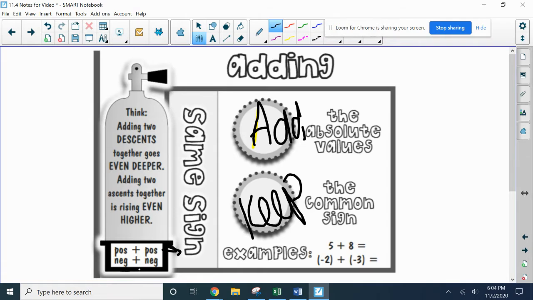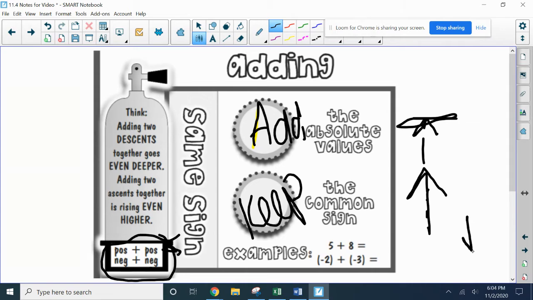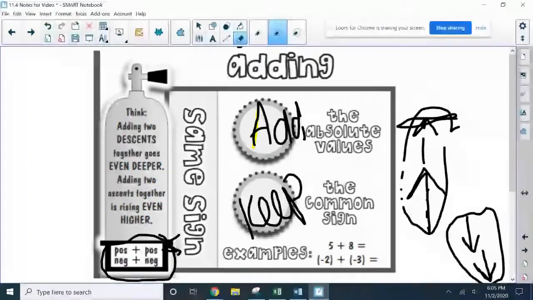A negative and a negative is going to be a bigger negative. Think if you go up high 5 feet, then you go up 3 more, you're going up that high. Or if you drop down 5 feet and then drop down another 5 feet, that's just going to be a combination of all the distances you went up or down.